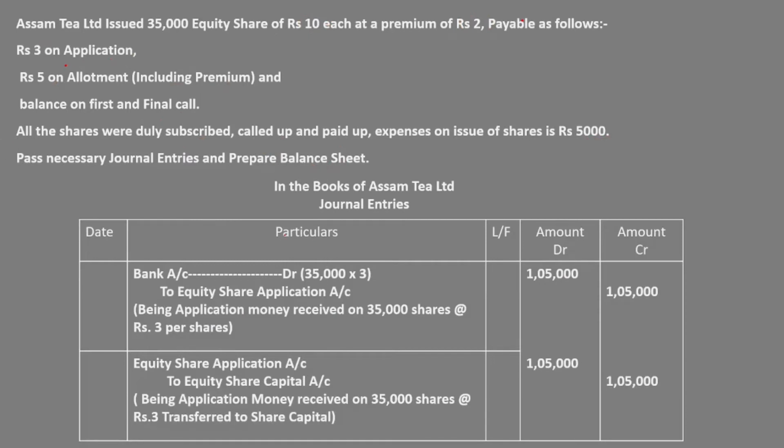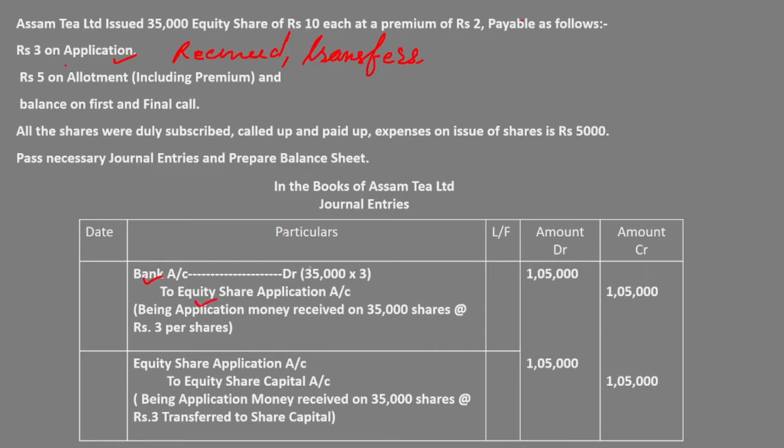First we have applications. As we know, whenever any amount is received in the name of applications, we have to pass two journals. One is for receipt and another is for transfer. For receipt, the journal will be bank account debited to equity share applications account.